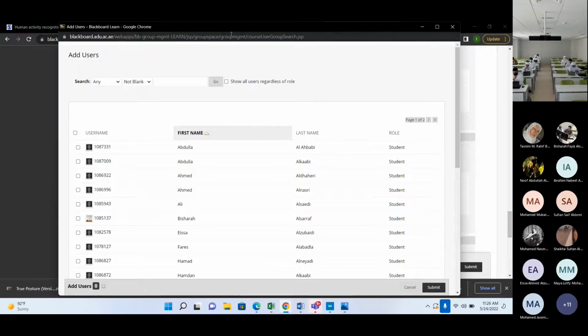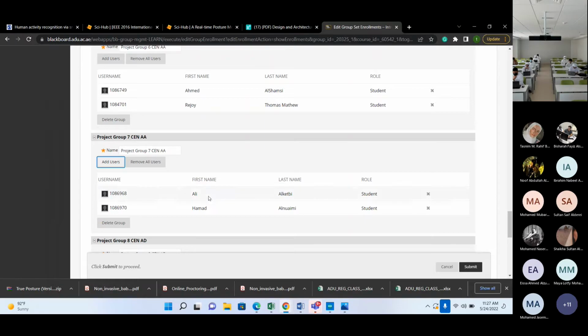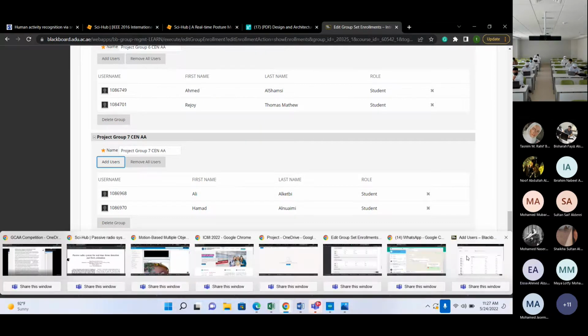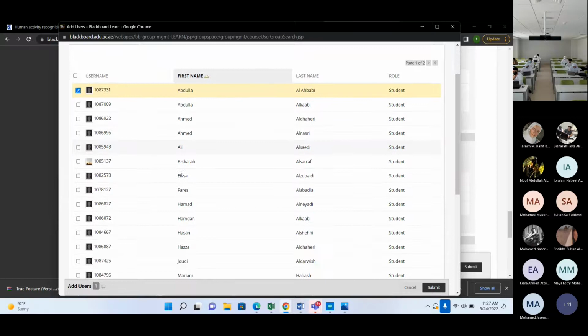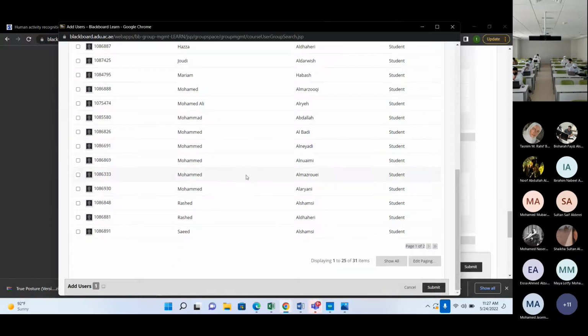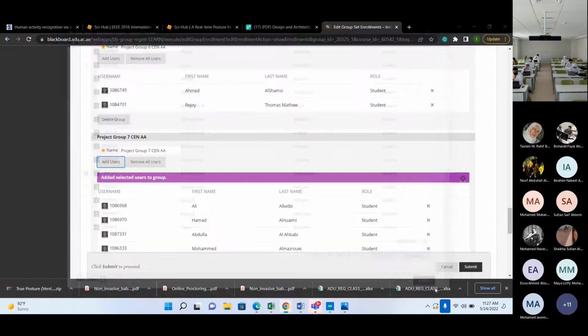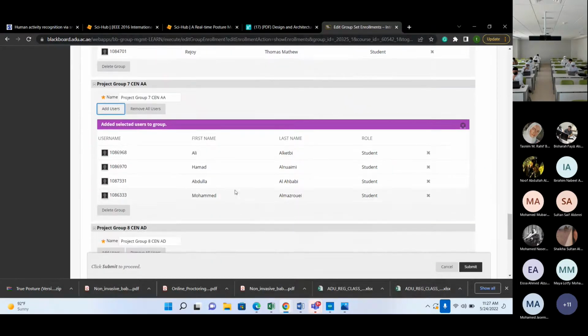Okay, one second. Guys, give me your names. Based on what I see here, it's just 2 members, Ali and Hamad. Where are the rest? Abdullah Al-Ahbabi is the first one on the list. Who else? What's your name? Muhammad Al-Mazroui. And who else? That's it.